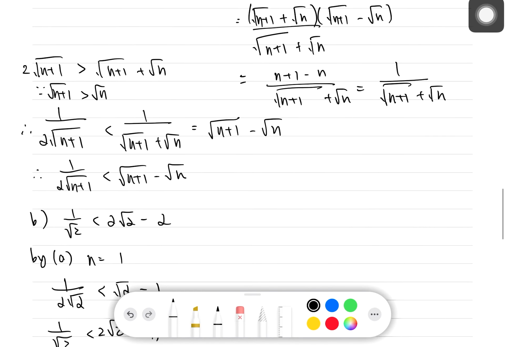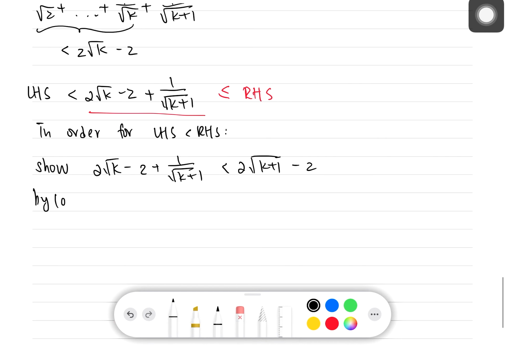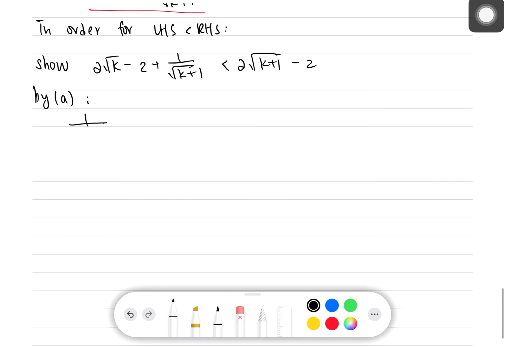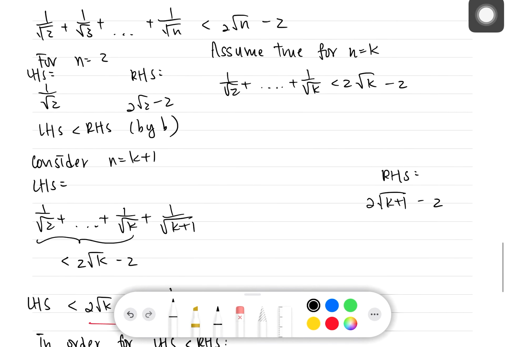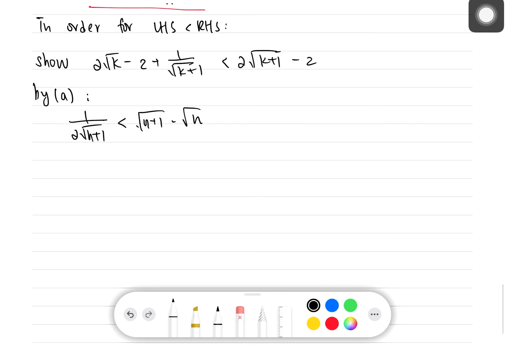Now, in the a part, we showed that 1 over 2 root n plus 1 is smaller than root n plus 1 minus root n. Let's see if we copied that down correctly. Yep. So we will just let n be k.